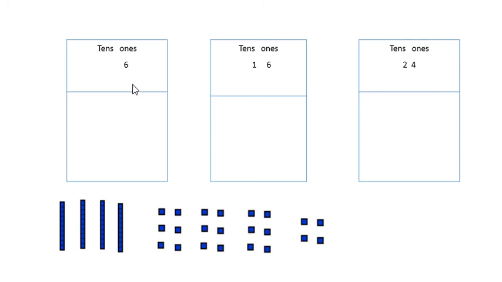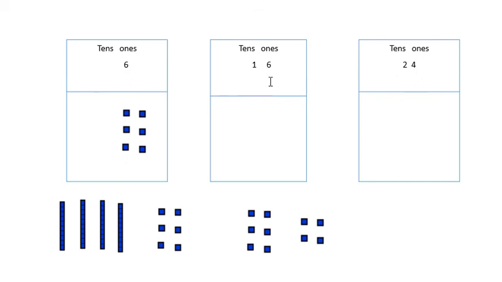So going back to my number, I've got the number 6, so I'm going to need 6 ones. 1, 2, 3, 4, 5, 6. I'm going to pick up this group of 6 and put them under my ones to show what number 6 looks like using dienes. And I don't need any tens because there aren't any in this number.